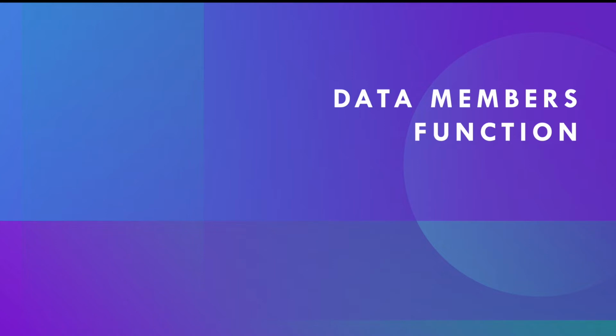You have data members. Data members means variables, integers, strings, parameters, constants, whatever you define. And functions: there may be private functions, there may be some public functions, there are some friendly functions. These are the things you have to hide from outside access.